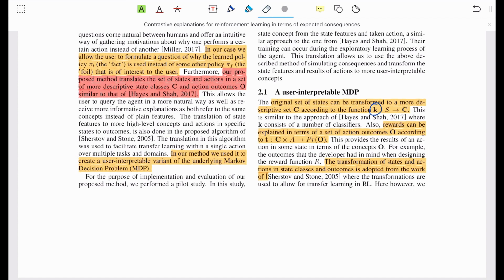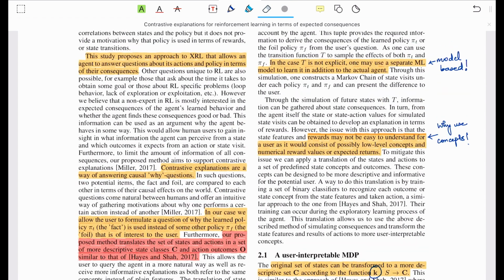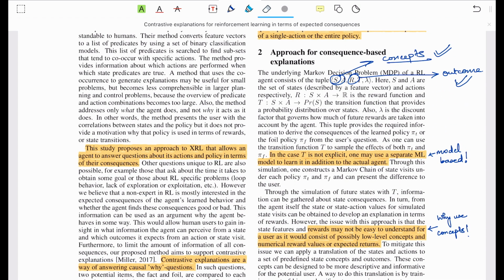The second thing that we require is a new transition function. So if you recall, the previous transition function, that is this capital T here, was based on this previous notation of state action to state, right?